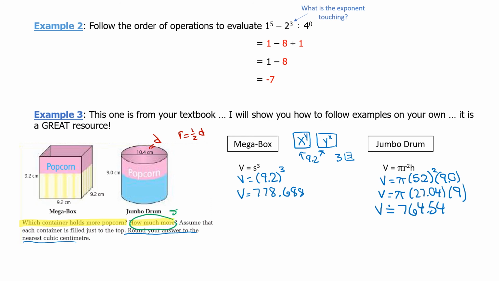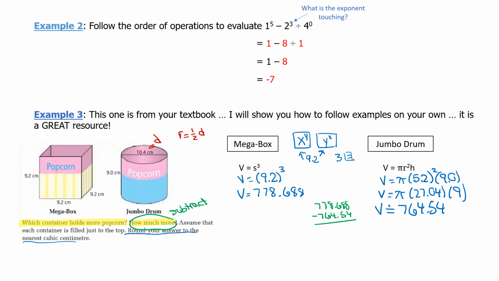We're going to have to subtract. So we're going to subtract from, I'll put it in the middle, sort of, 778.688, and we're going to subtract the jumbo drum from that, 764.54.